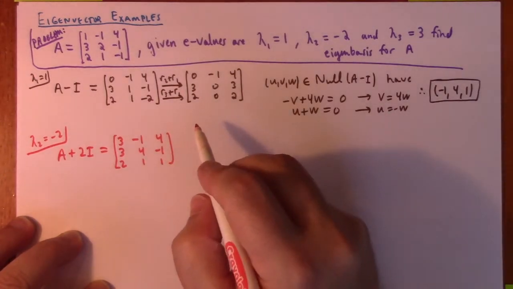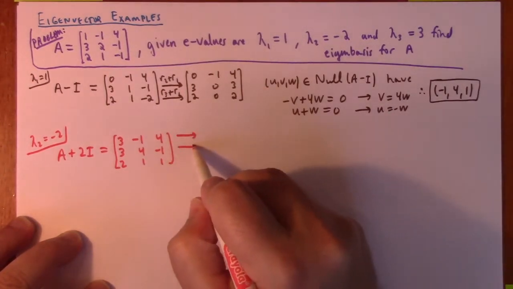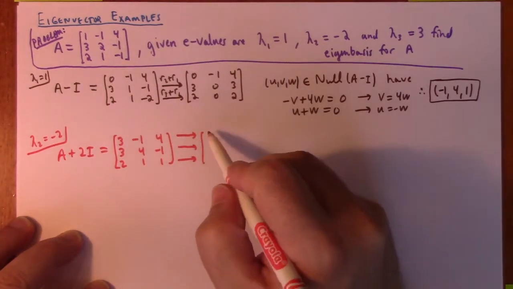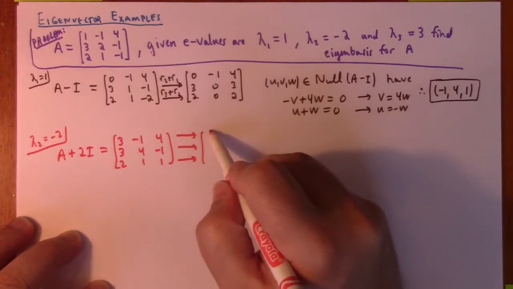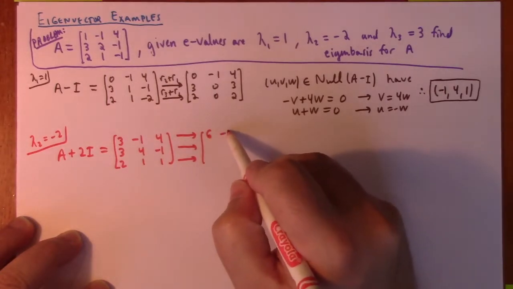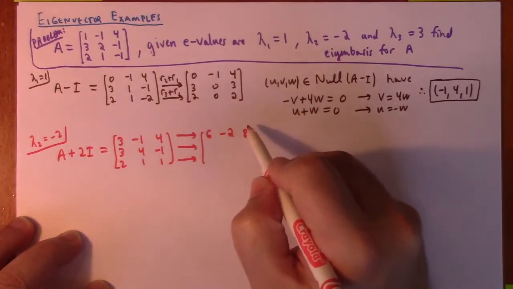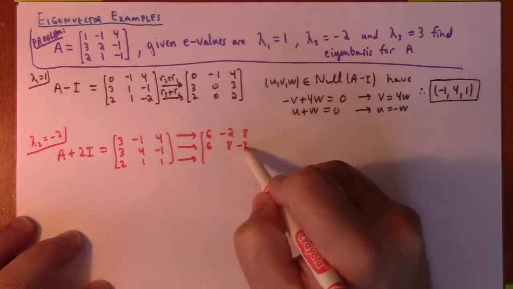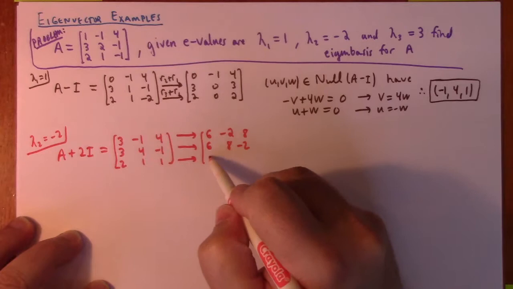I do some row reductions. I won't tell you which ones, they're going to be obvious from what I do. I guess I'll tell you. I multiplied the first row by 2, the second row by 2, and the third row by 3.